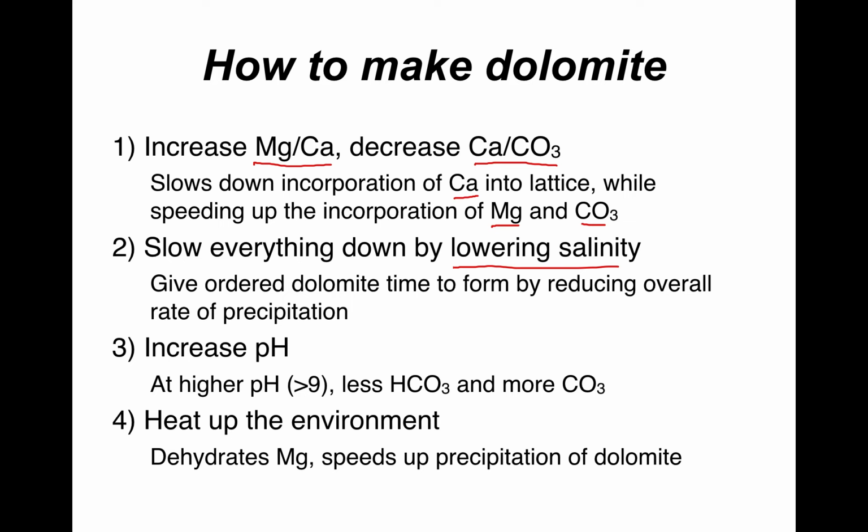At excessively high pHs, the oceans are about 8, you have less bicarbonate and more carbonate, and that would favor the precipitation of dolomite as well, because you've got more carbonate ions that need something to bond with. And then lastly, you can heat up the environment. Heat speeds up any chemical reactions. It's going to dehydrate magnesium and speed up the precipitation of dolomite.